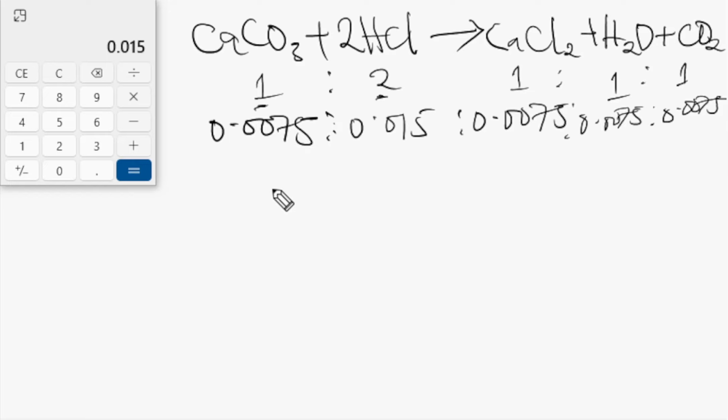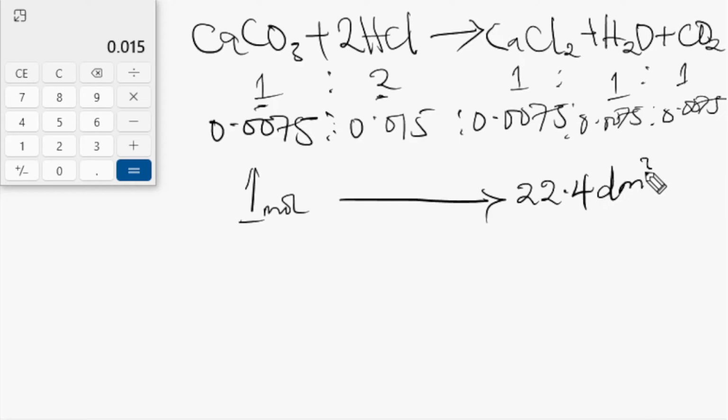So guys, since 1 mole of a gas contains 22.4 dm cube, that's the molar volume of a gas, then 0.0075 moles, guys, will contain what?